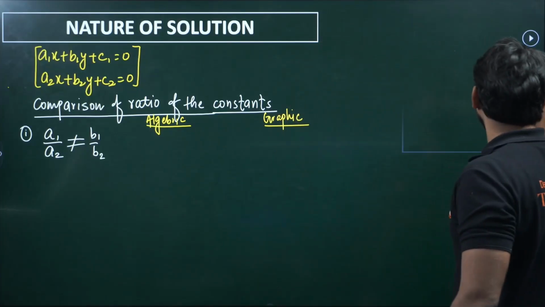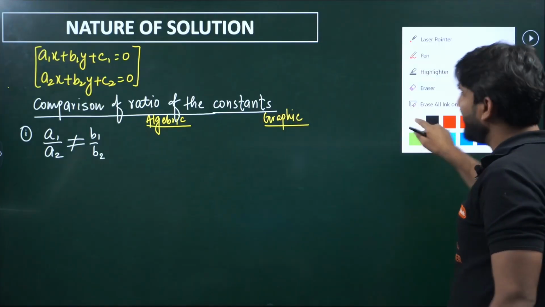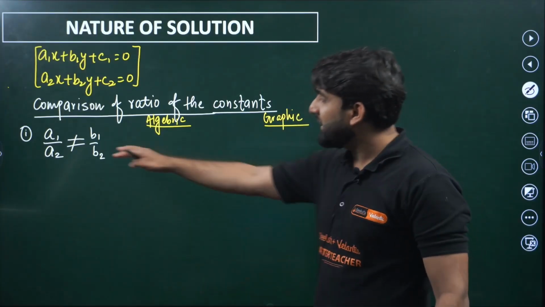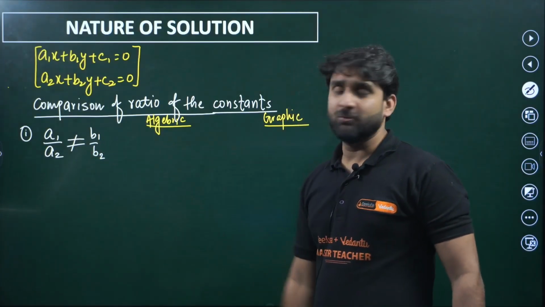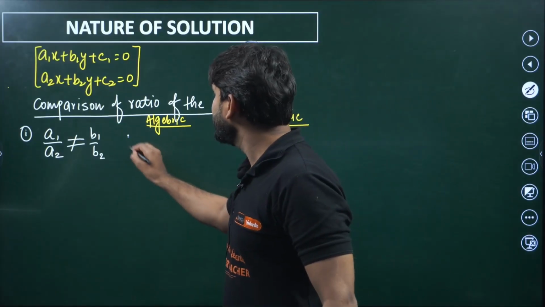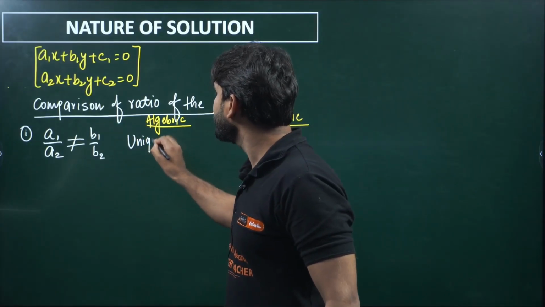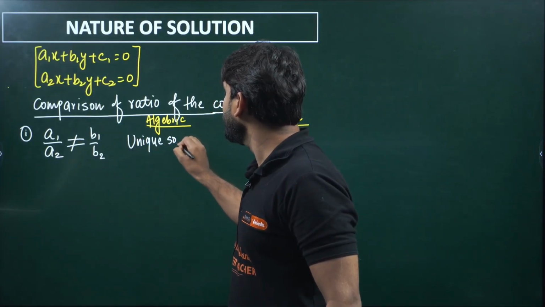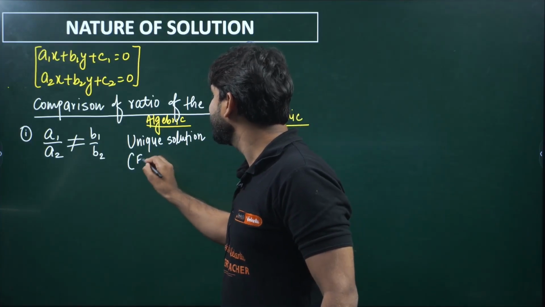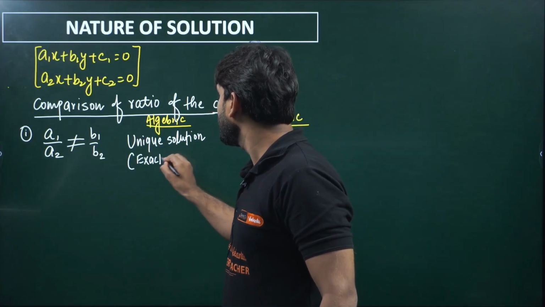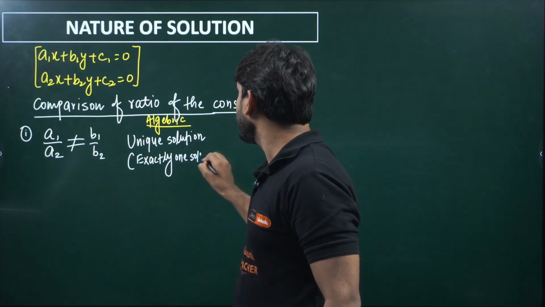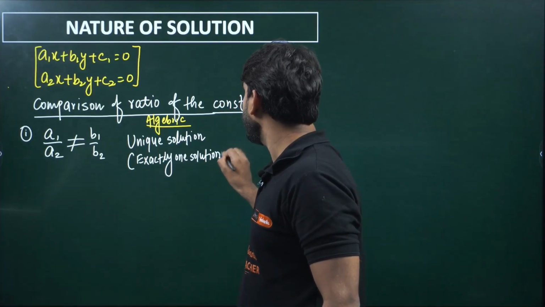Algebraic and graphic. Graphic means when we draw the graph of linear equations, we always get a straight line. So listen, if A1 by A2 is not equal to B1 by B2, it implies that there will be a unique solution, and this is also called exactly one solution. Champions, clear everyone?